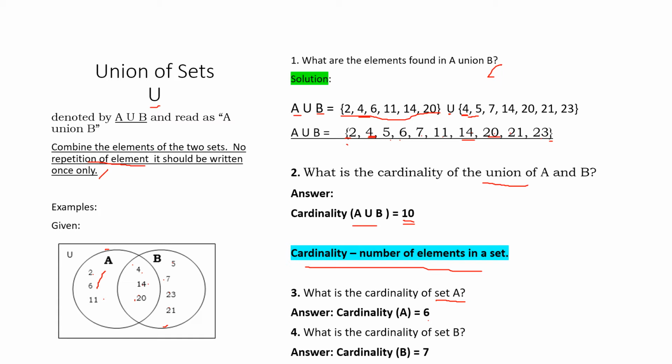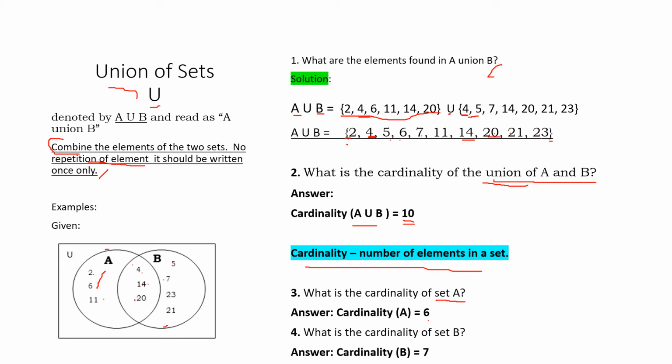Okay? I'll repeat, from the top. When we say union, combine. That is our clue. Combine, union. Pagsamahin. But, no repetitions of elements. Okay? Cardinality, you are just going to count how many elements. Bibilangin mo lang kung ilan yung tinutukoy niya. Let's say, for example, in number 2, sabi niya dito, ilan ang elements sa A union B. So, this is our answer.